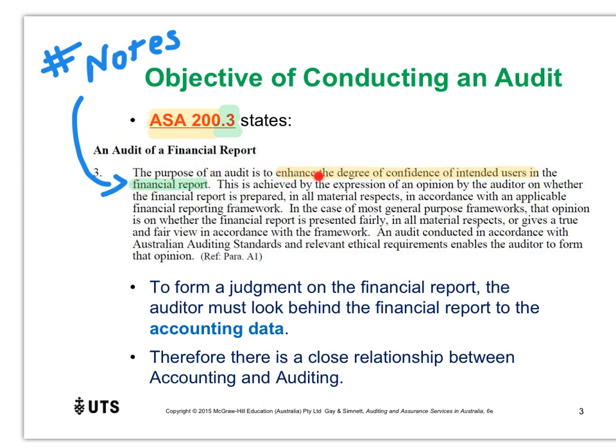Now, how do we enhance the degree of confidence of these people? Remember, first of all, when we talk about the intended users, we are primarily talking about the shareholders, the current shareholders in the company. Now, how do we enhance their confidence in the information presented? Quite simply, this goes back to the two key characteristics that underlie the value of audit.